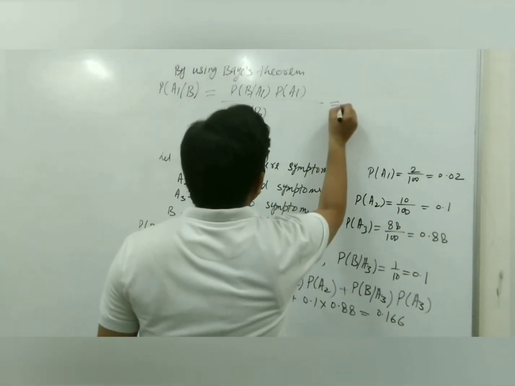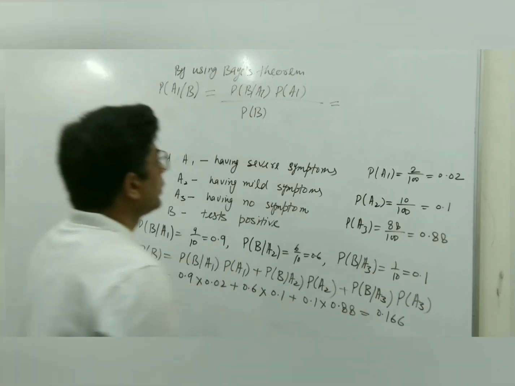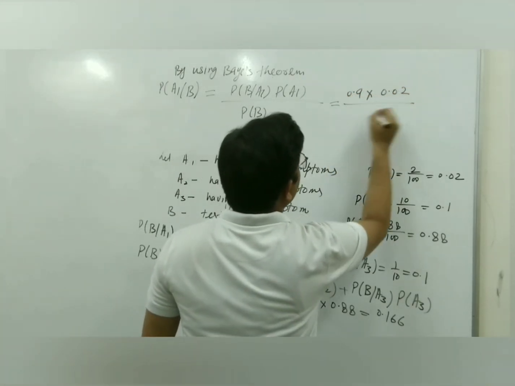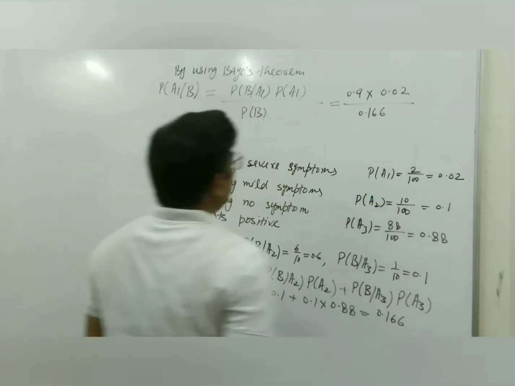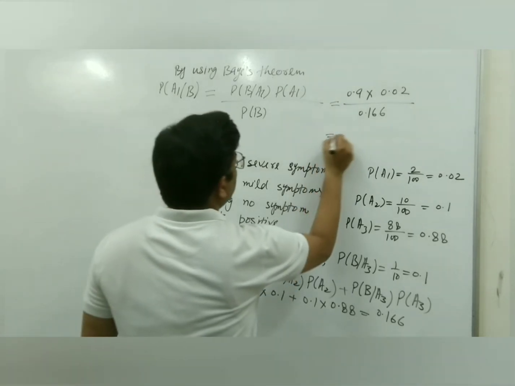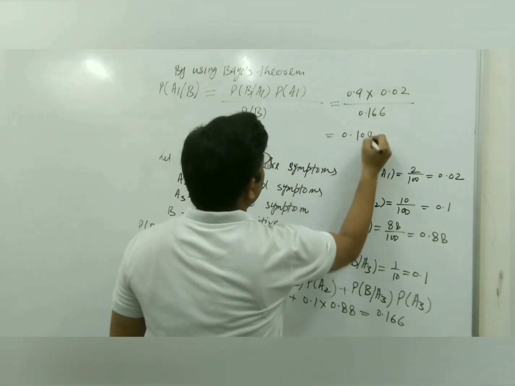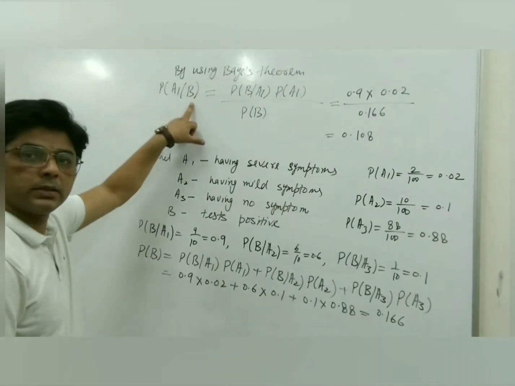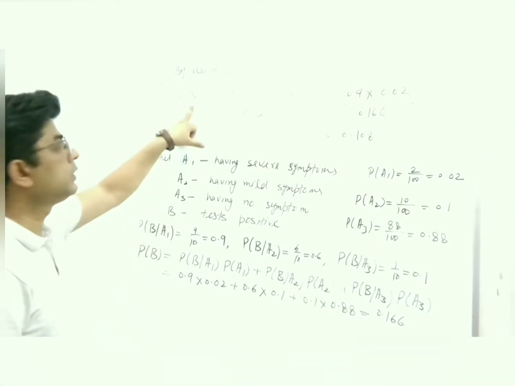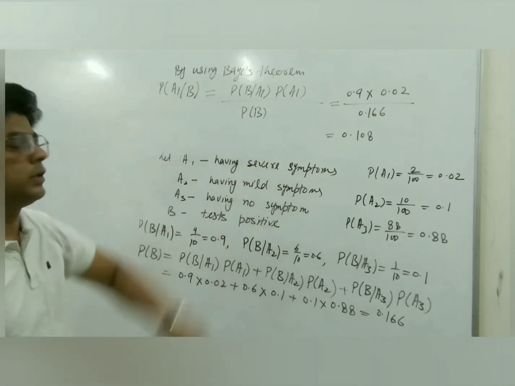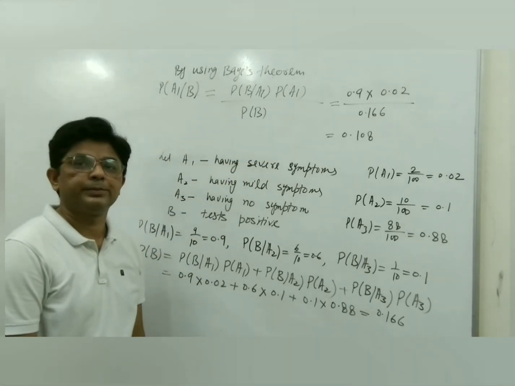So now we have P(B/A1) as 0.9 into P(A1) 0.02 upon P(B), which we calculated as 0.166, and after calculating we get 0.108. This is the probability of a person having severe symptoms given that the test is positive. So by using Bayes theorem, the probability of A1/B is 0.108.